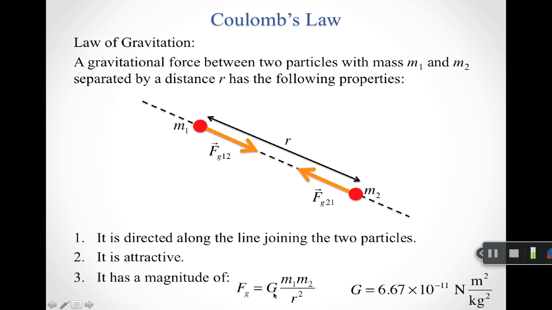One of the things that we talk about all the time with gravitation is that big G is such a small number, 10 to the minus 11. This is another way of saying basically 66.7 billionths. So this is a tiny number.